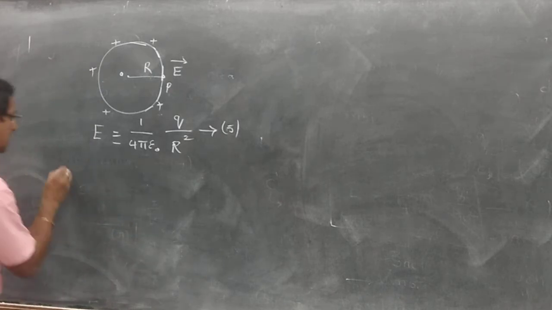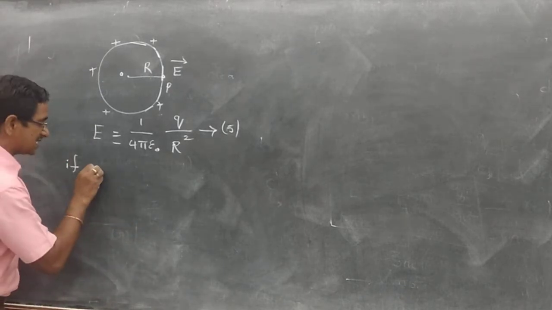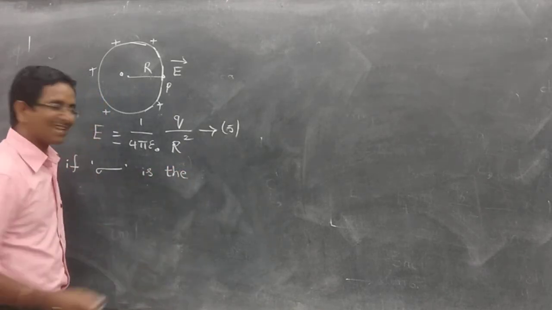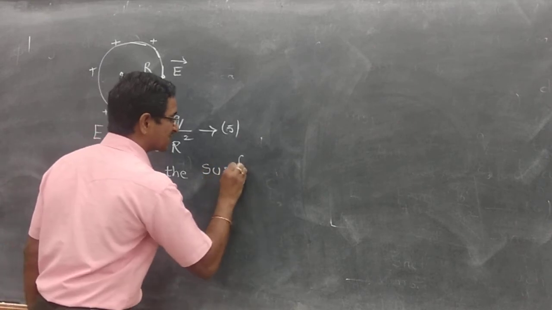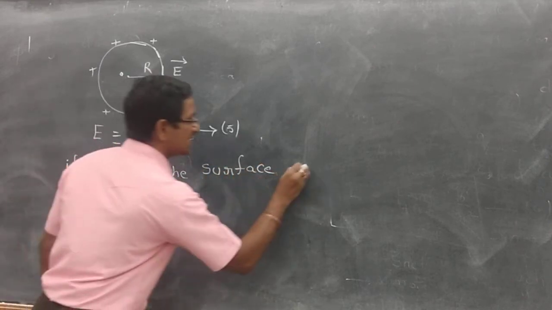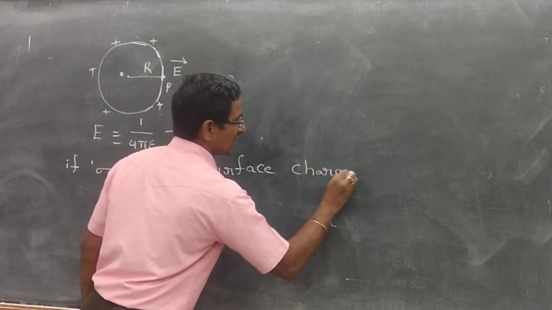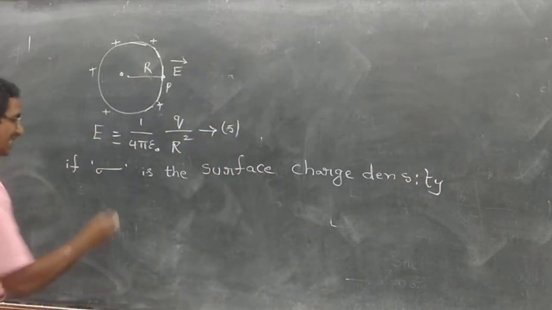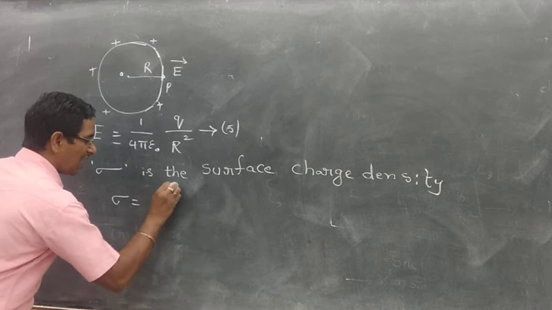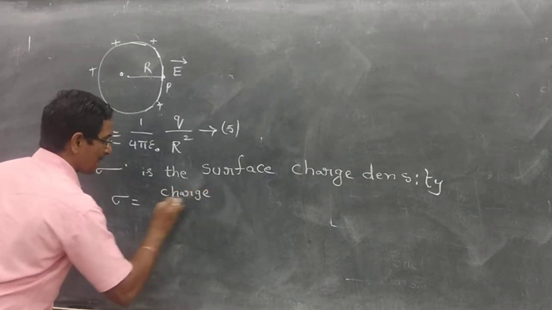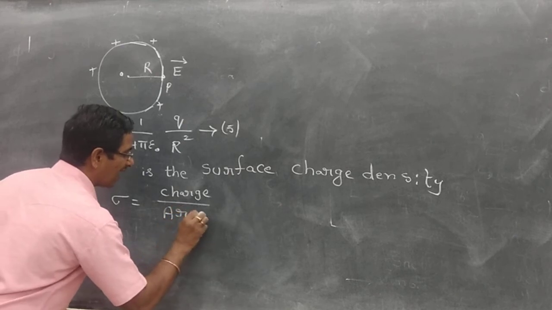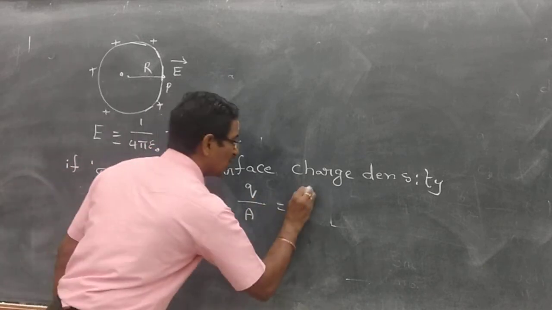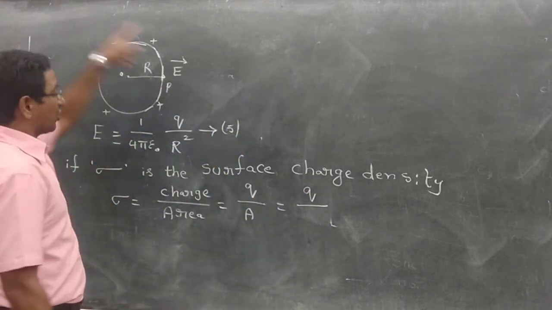That means if sigma is the surface charge density, then that sigma is equal to charge by area, that is Q by A. What is the surface area of the sphere?